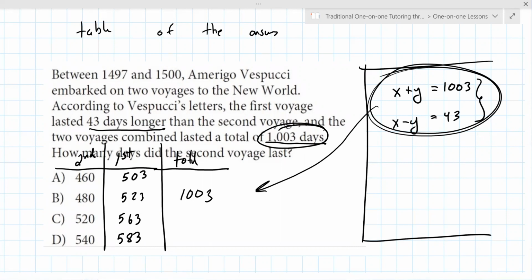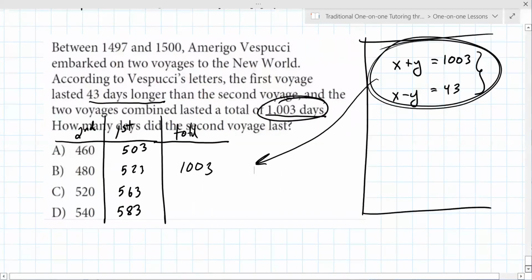All right, so let me get this next problem up here. I got to add in the multiple choice. So let me do that first, and then I'll snip it in. I want you to make a table for this one.